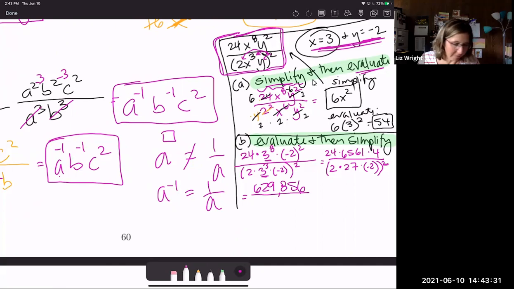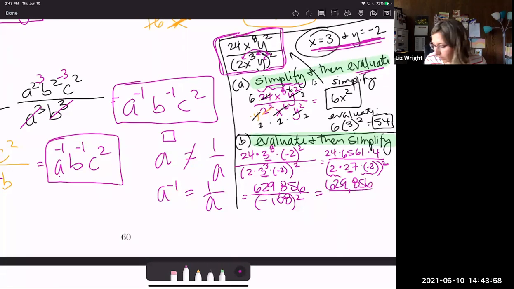And then for my denominator, I'm going to figure out 27 times -4, right? So 27 times -4 is going to give me -108, and then I'm squaring it.